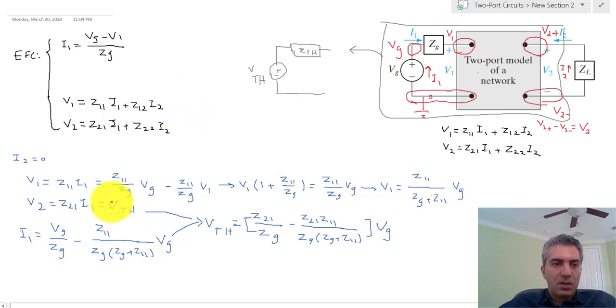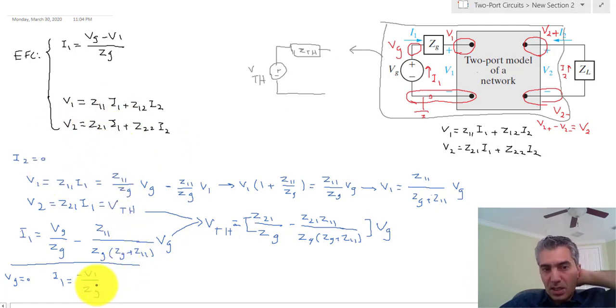For the second condition down here, by setting Vg equal to 0, I immediately get that equation turning into I1 equal to minus V1 divided by Zg. And what I'm looking for this time is V2 divided by I2. So I take these same three equations, and this time I'm calculating V2 divided by I2.